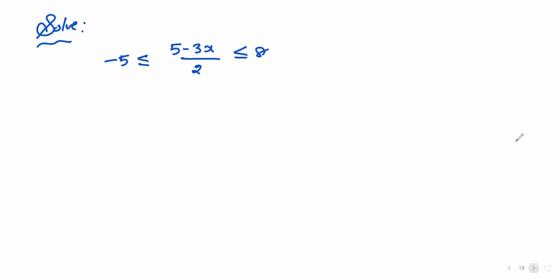Next problem. Here we should not do cross multiplication. Multiply the entire inequality by 2.